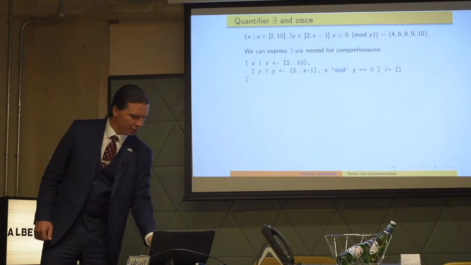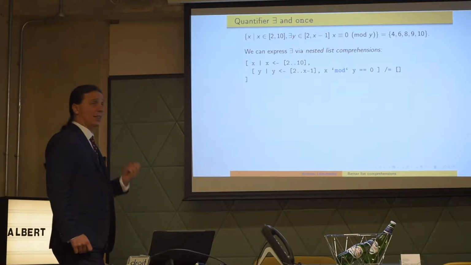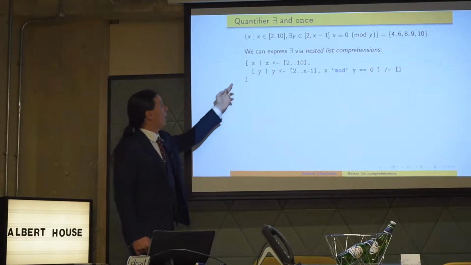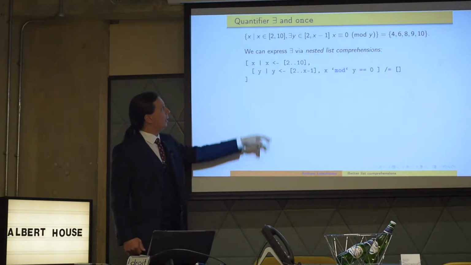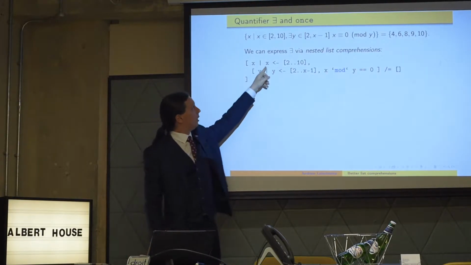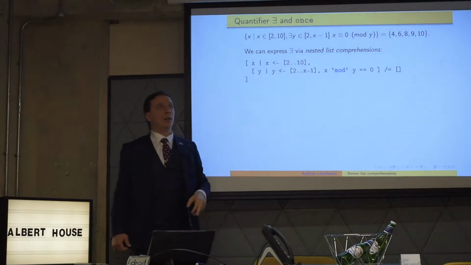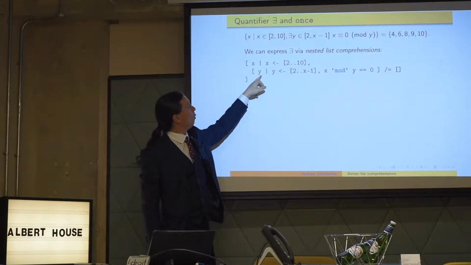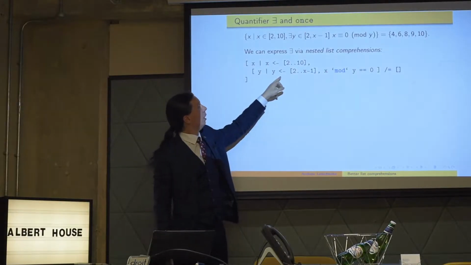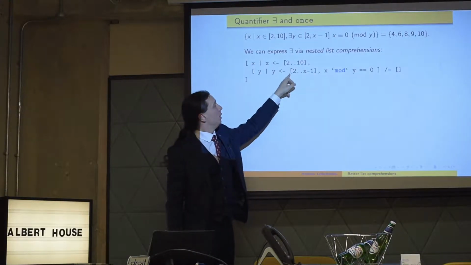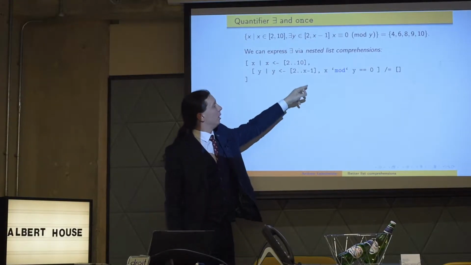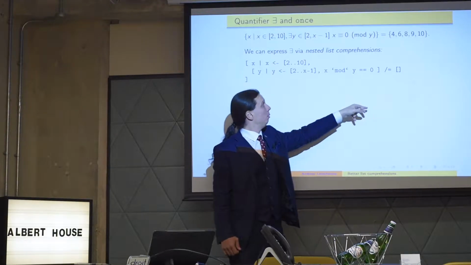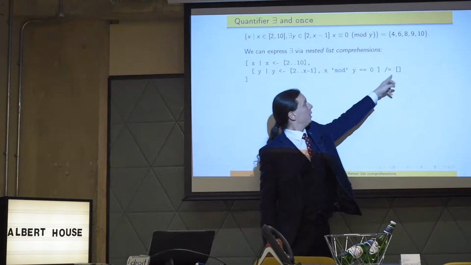I should switch immediately. We can use nested list comprehensions. So basically what I say here is give me a list of x's such that x comes from this list, and the condition is that the list of y's from this list such that x mod y equals 0 is non-empty.